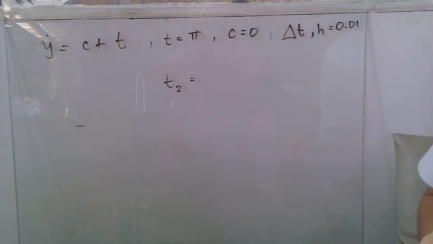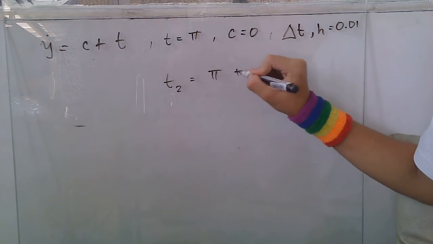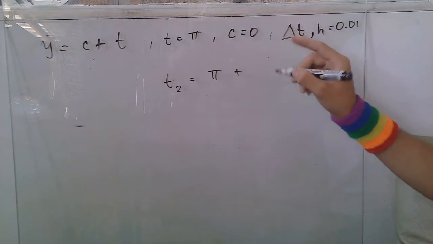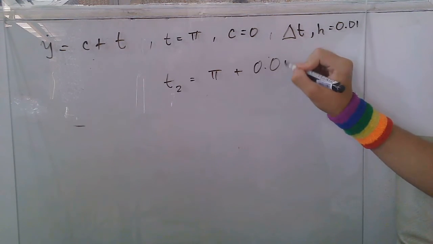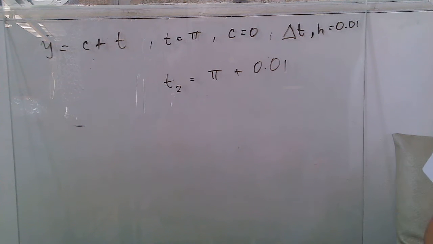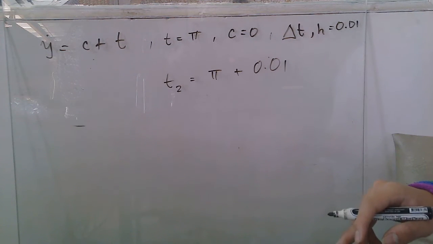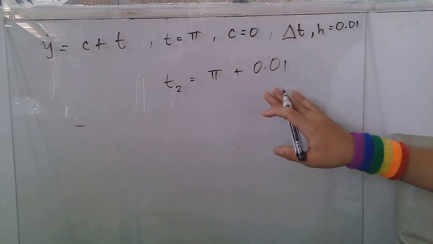T sub 2 is T sub 1 plus our prescribed delta T, or h, 0.01. It doesn't really affect the number much. Pi is an irrational number, so it's something like just pi plus 0.01.